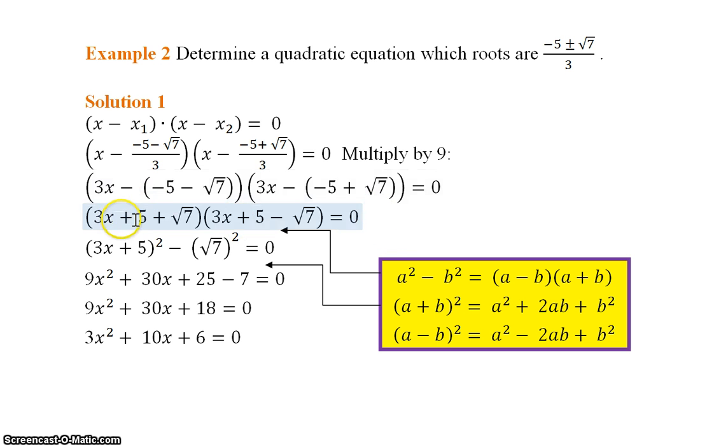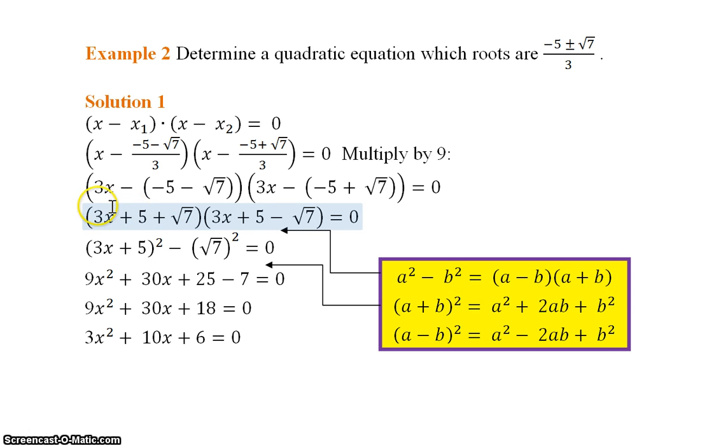Still, we have to expand these brackets because we must rewrite the equation in standard form. In order to do it, we apply the formula difference of squares, a squared minus b squared. It equals a minus b times a plus b.